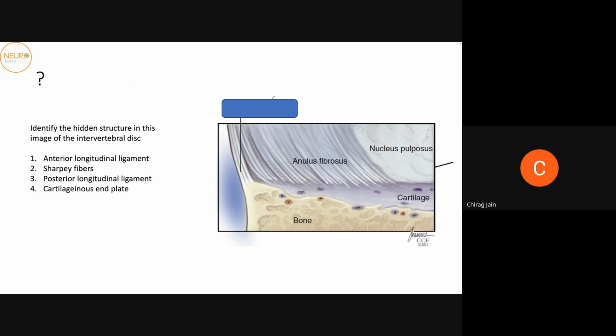Can anybody identify the hidden structure in this image of the intervertebral disc? Is it the anterior longitudinal ligament? Is it Sharpey's fibers? Is it the posterior longitudinal ligament? Is it the cartilaginous end plate?